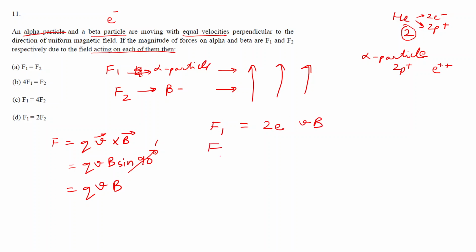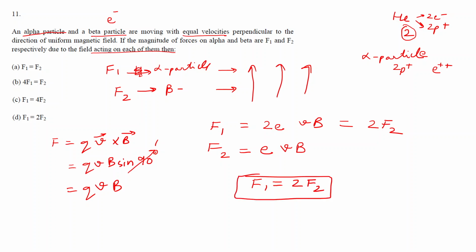For the beta particle, that is F2, the charge on the electron is represented by small e, velocity is the same, magnetic field is the same. So we can clearly see that F1 is 2 times F2. So the relation between F1 and F2 is that F1 is double of F2. Okay, this is the relation. F1 is 2 times F2. This is the correct answer.